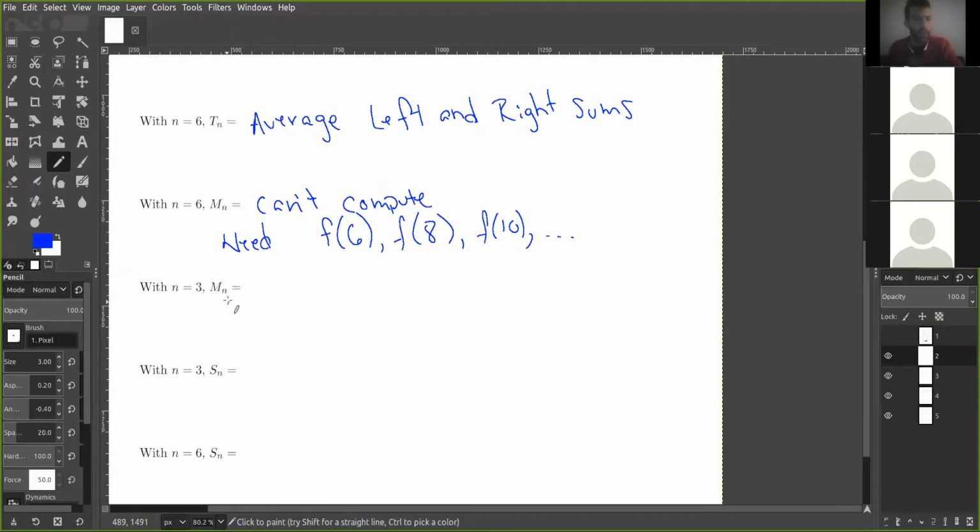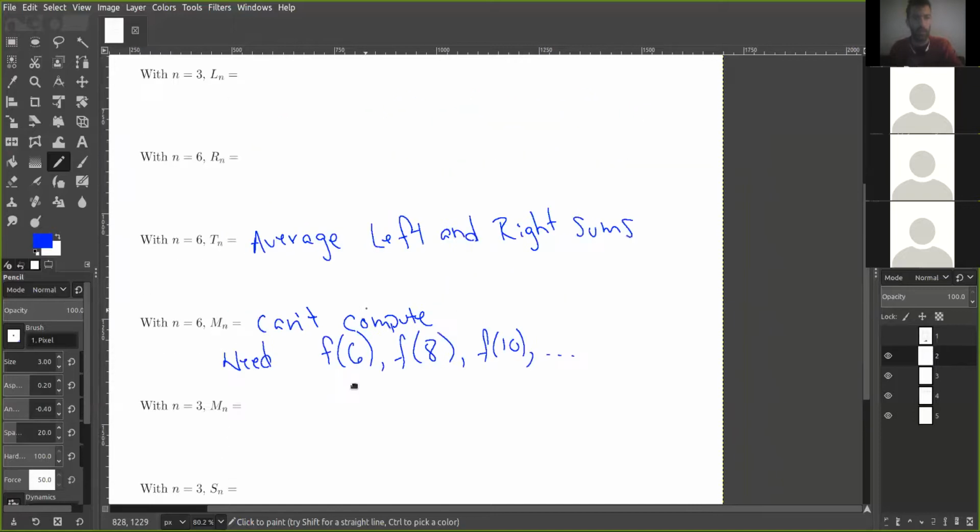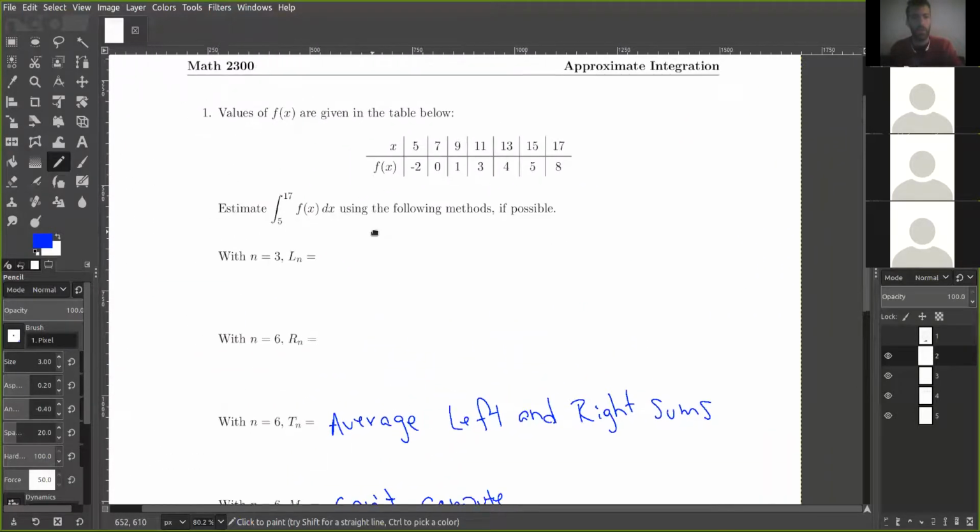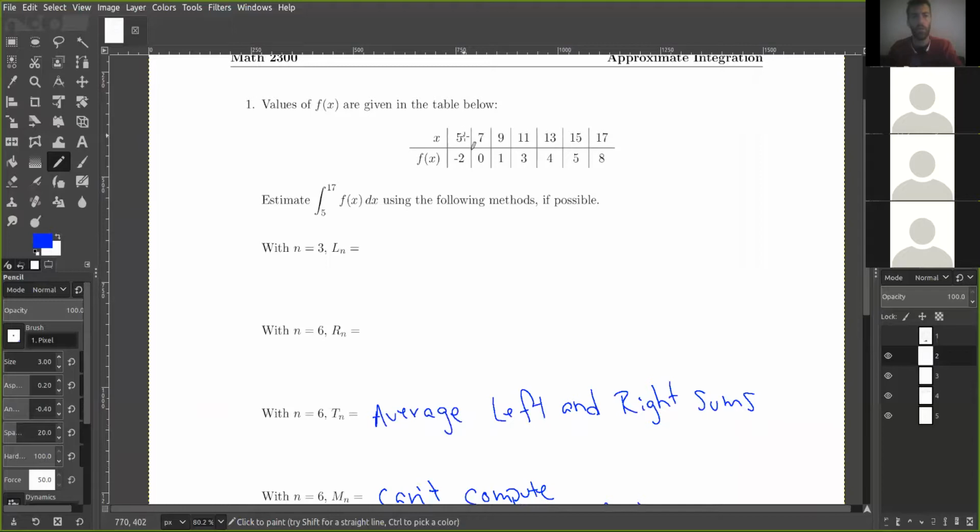They change it up then and say, let's compute the midpoint now for n equals 3. This one we can compute. So if n equals 3, here are our 3 partitions. The partitions are the spaces. Between 5 and 9 is one space, one box.